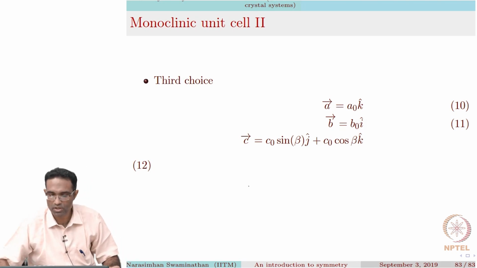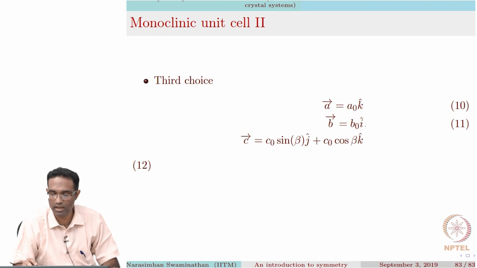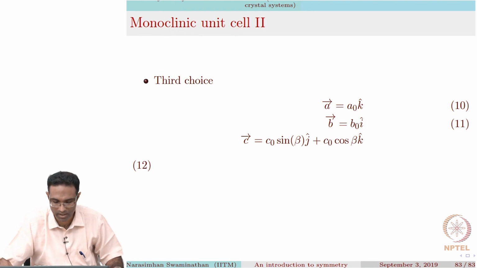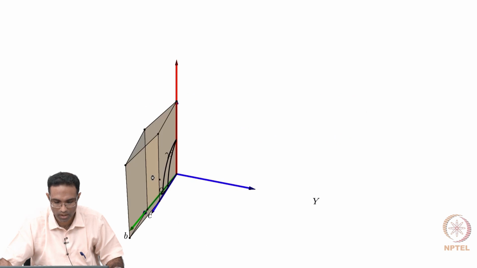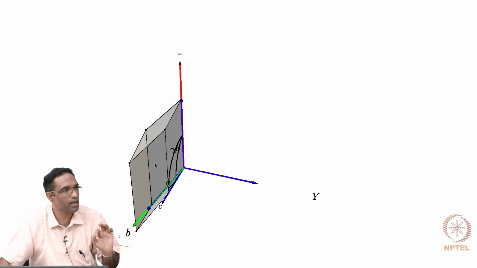Okay, so this is the third choice. In the third choice, I made A point in the Z direction, B point in the x direction, whereas C is now going to lie in the YZ plane. In that case also, if you take a look at it, you would still have this particular fractional coordinate lie at the correct spot with respect to each of the three axes.